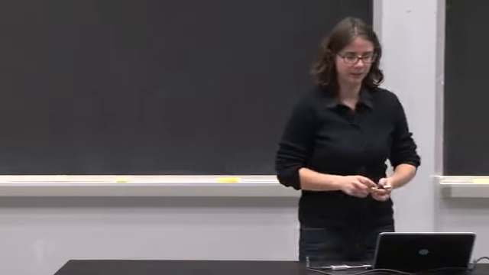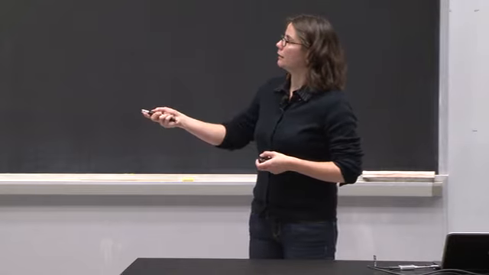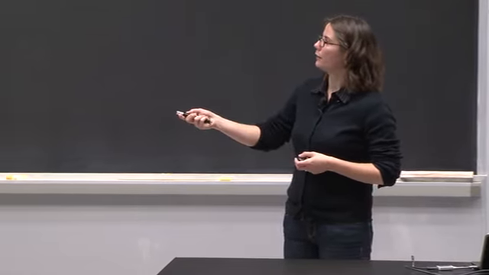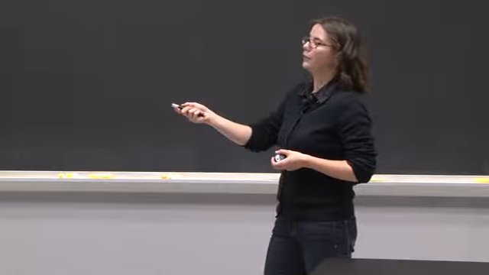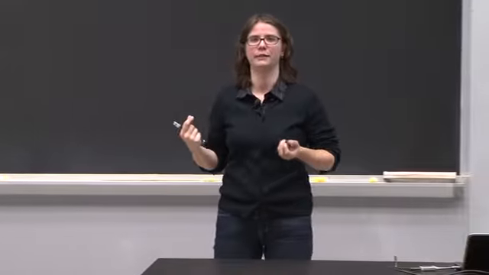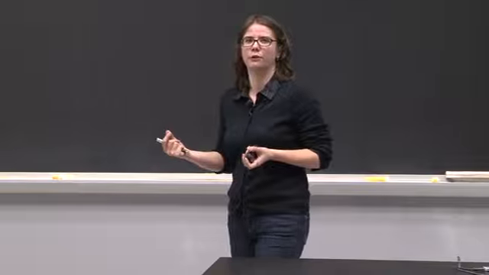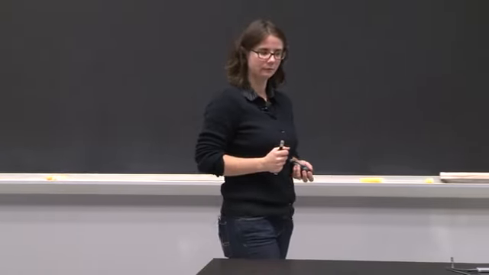All right, so how do we define this? So far, we've defined all that, and the last part is going to be new. So we define the init and the distance, and let's define this str. Underscore underscore str underscore underscore is a method. It's only going to take self, because you're just calling print on the object itself. There are no other parameters to it. str has to return a string.